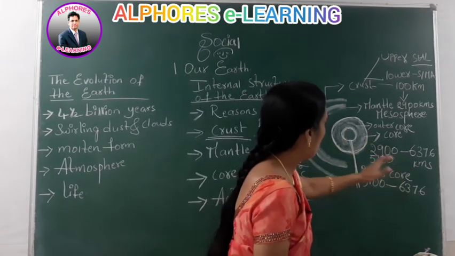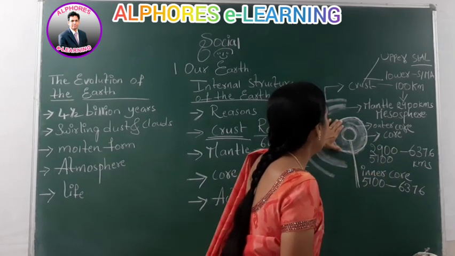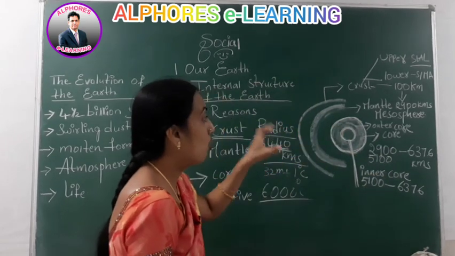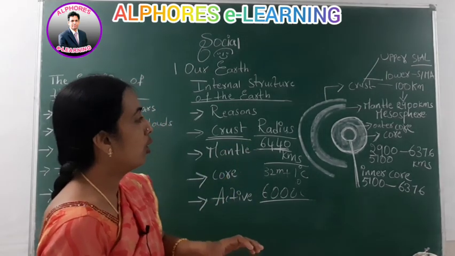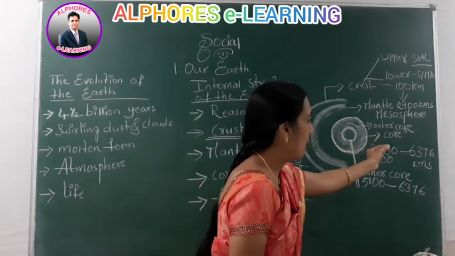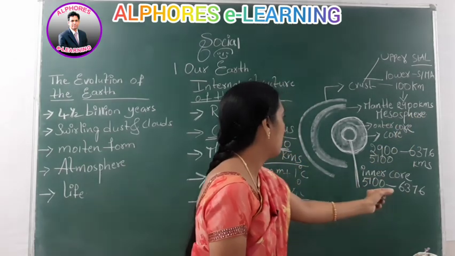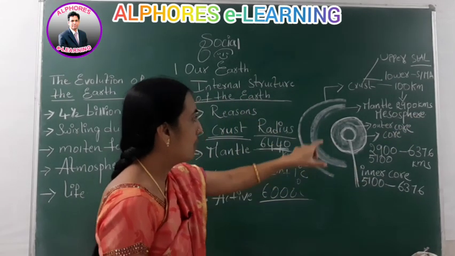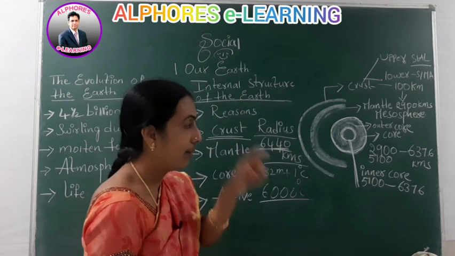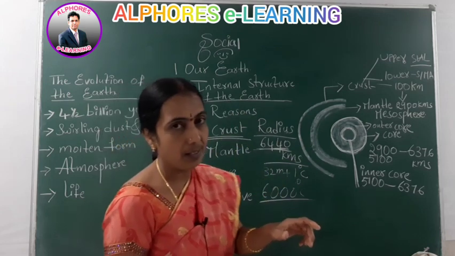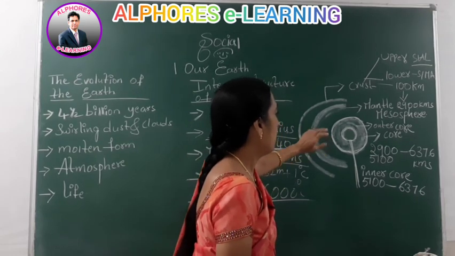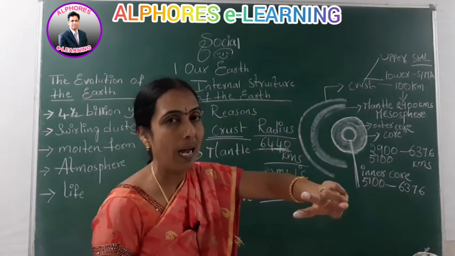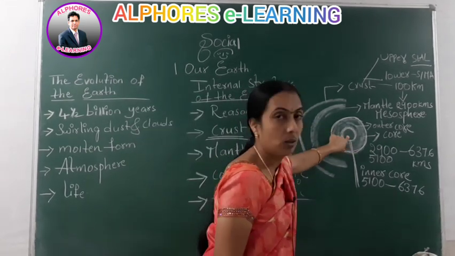Then after the mesosphere, the interior layer of the earth is called the core. It extends from 2900 kilometers to 6376 kilometers. When the earth was in molten form, boiling out, the heavier substances settled down deep and formed this core. It is divided again into 2 parts, the outer core and the inner core.